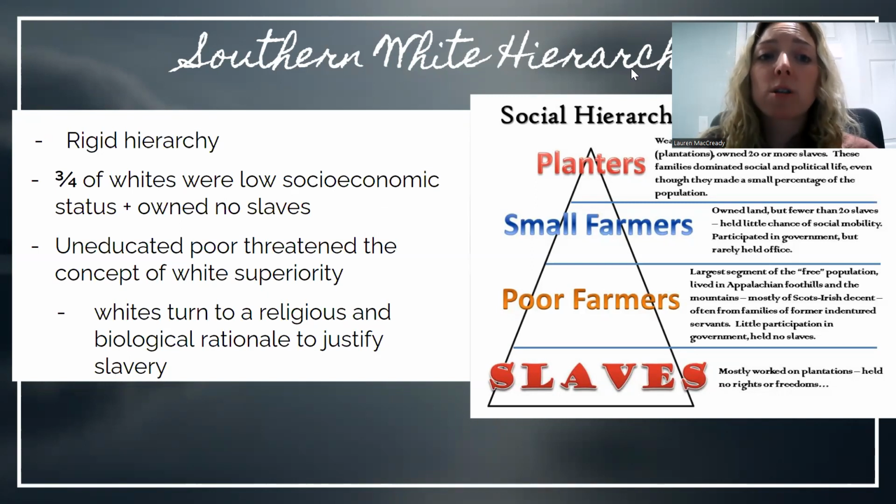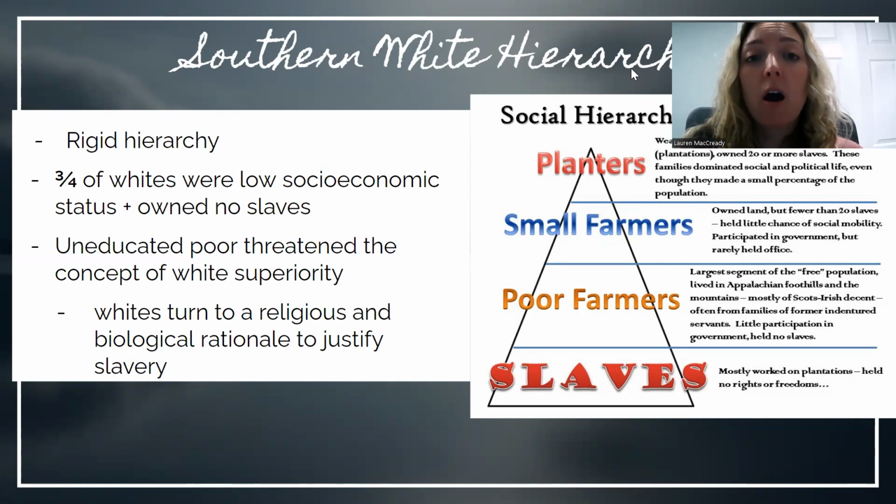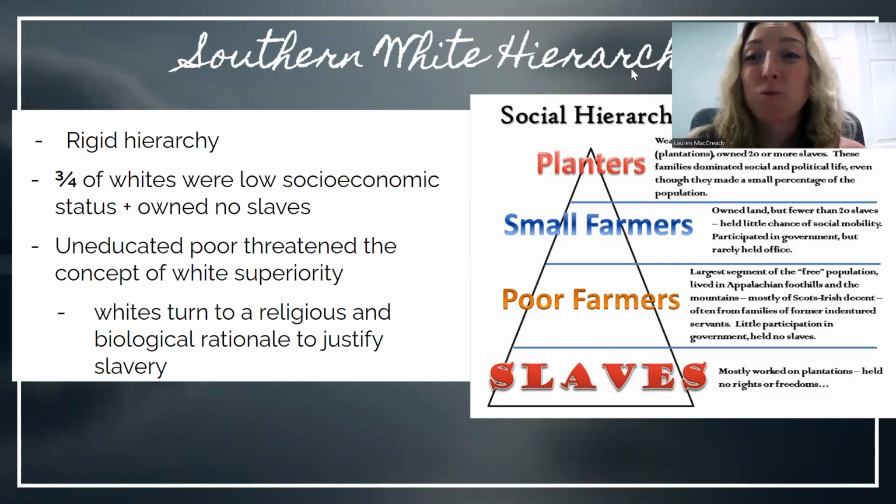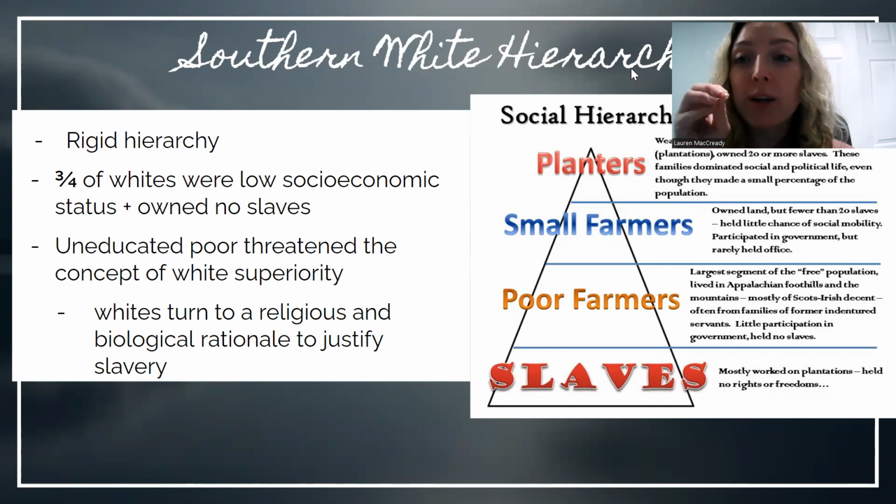And 3/4 of the whites in the South are of low socioeconomic status. This pyramid should more so be like this. It's more of a Hershey's kiss. There's way more at the bottom than there is at the top. And the abolitionists at this time even point to that: how can you justify that the slaves are biologically or whatever inferior when 3/4 of the Southern population is also illiterate, not working, poor, and can't sustain themselves?